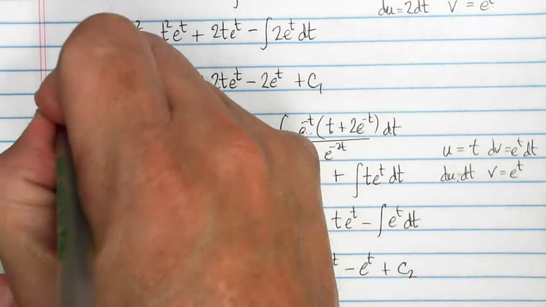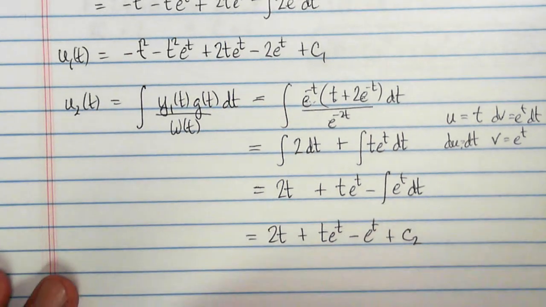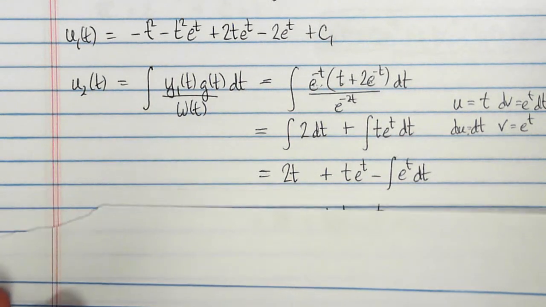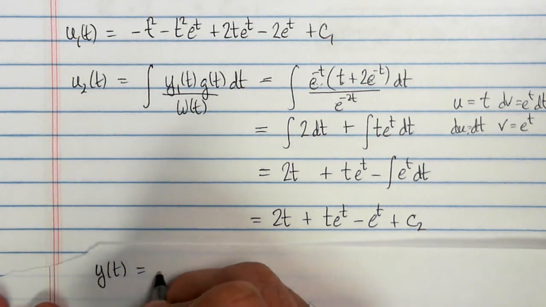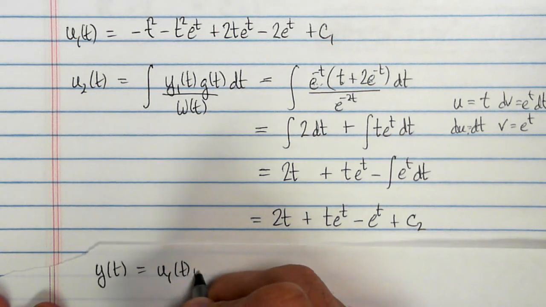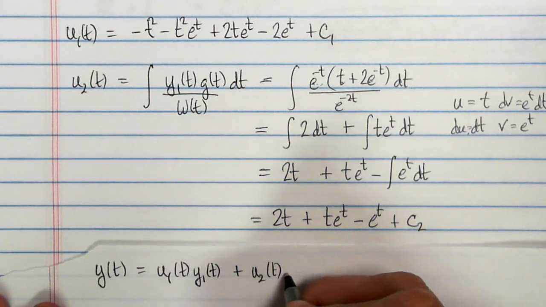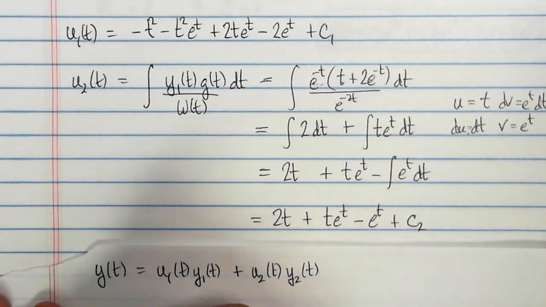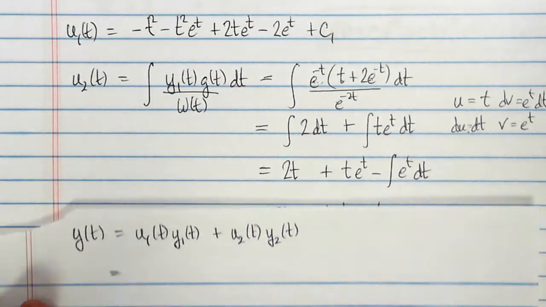So here's my u1 of t, my u2 of t I just computed, and I will now use both of those integrals in order to figure out the form of the general solution. So the form of my general solution is going to be y of t equals u1 of t times y1 of t plus u2 of t times y2 of t. So u1 was equal to this up here.